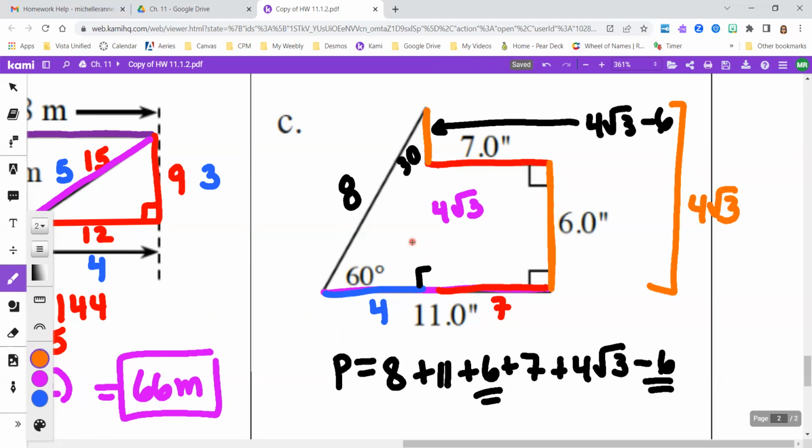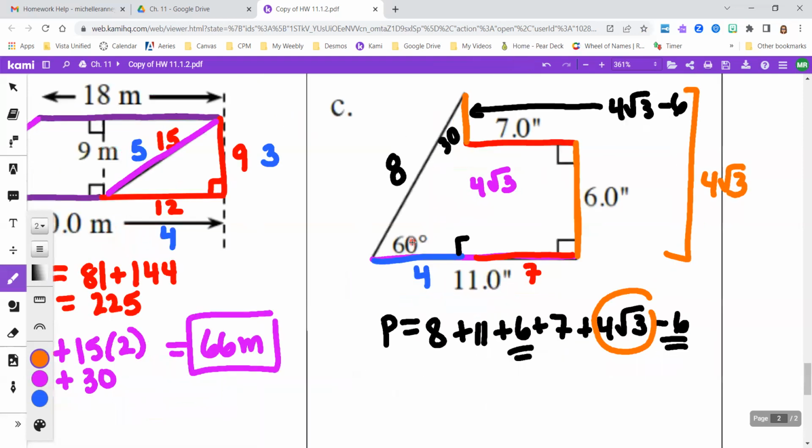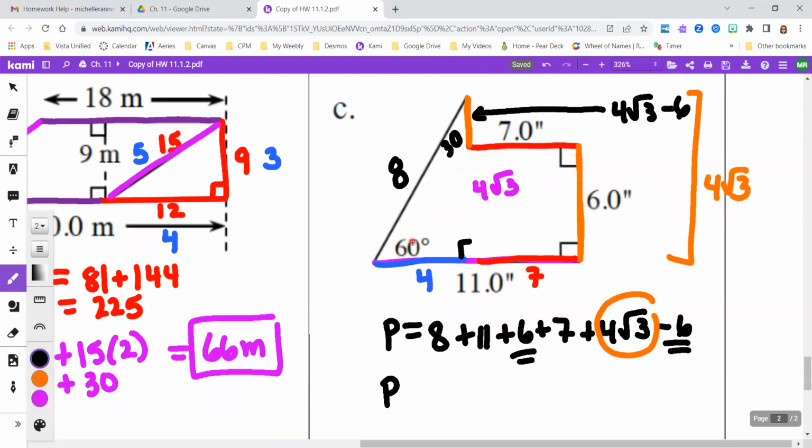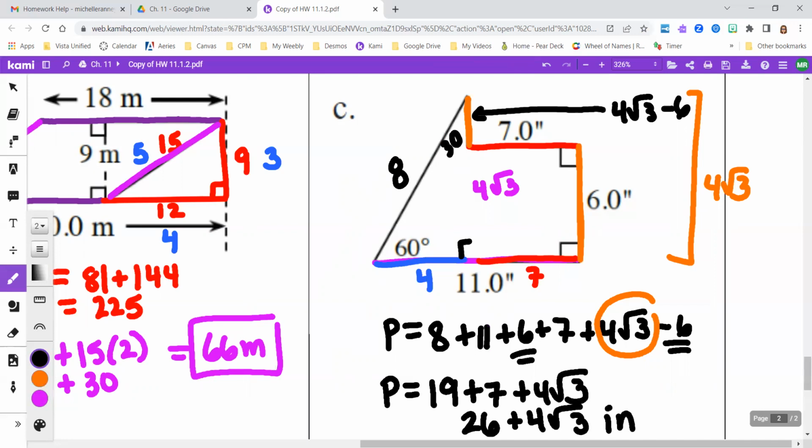So instead of adding the 6 and subtracting the 6, I could have just added the 4√3. Now, when I do this math, it's actually not 13 because the 6 and 6 are canceling. So a 19 plus 7 plus 4√3, that's going to give me 26 plus 4√3 inches.